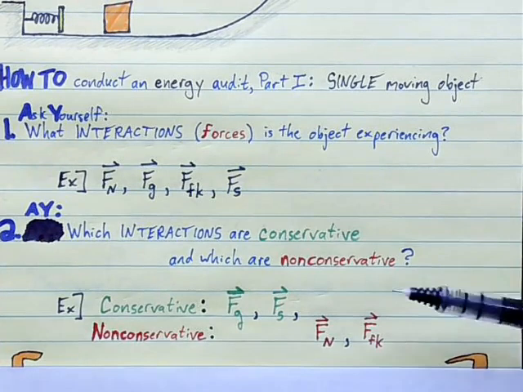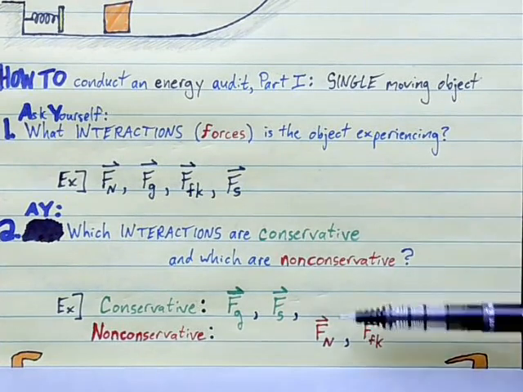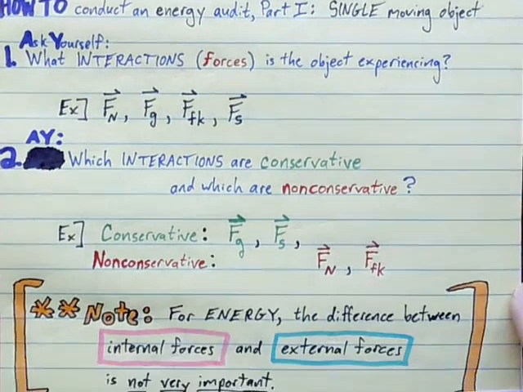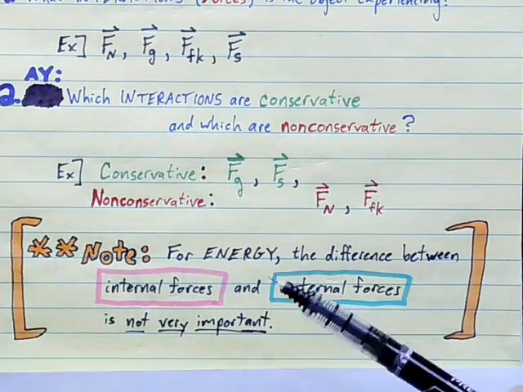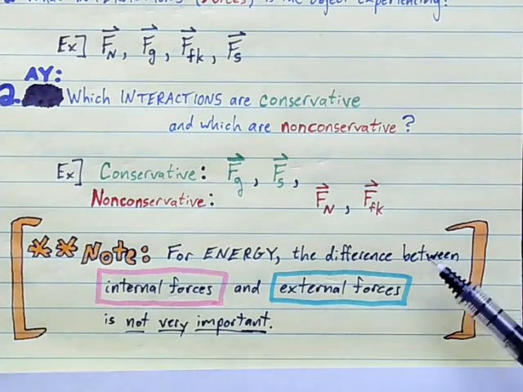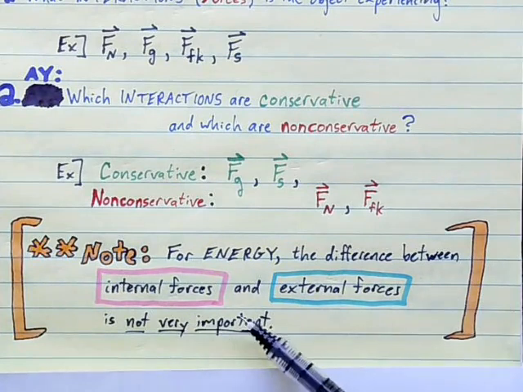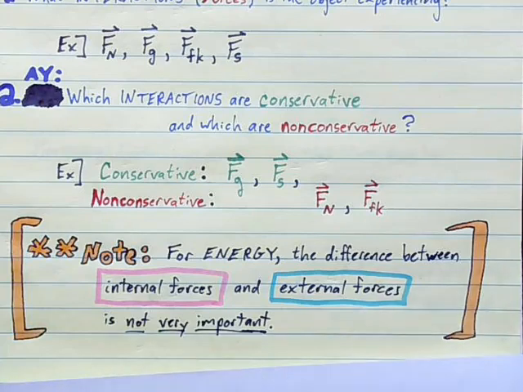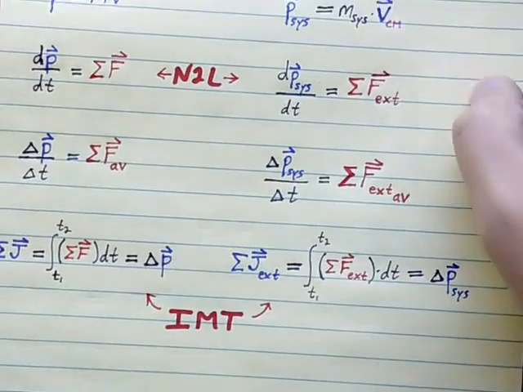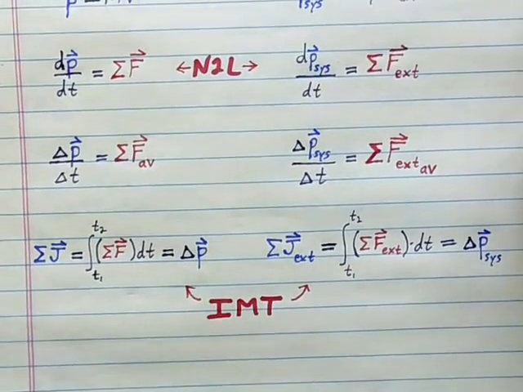Regarding this grouping of the forces into these two categories, I want to make an important note here. For energy purposes, the difference between internal forces and external forces is just not very important. These are distinctions that we make when we're discussing the momentum of a system.